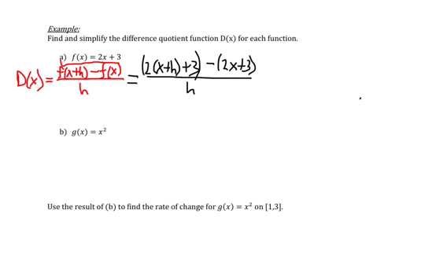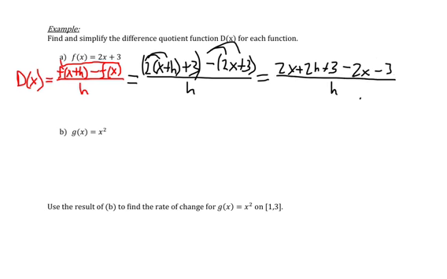So now it's just a matter of simplifying. We're going to distribute this 2 here, and we have 2x plus 2h plus 3, and then we distribute this minus sign, so we get minus 2x minus 3, all over h.